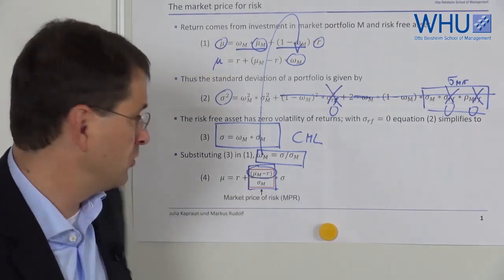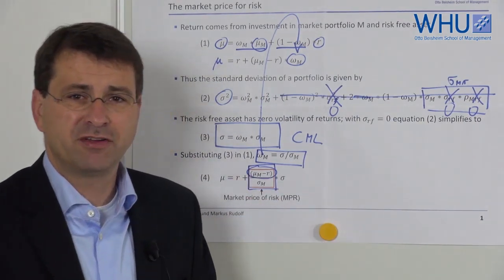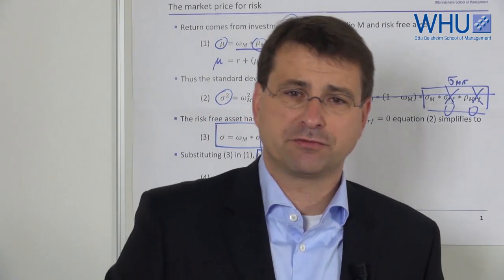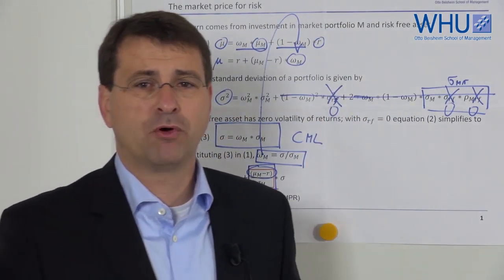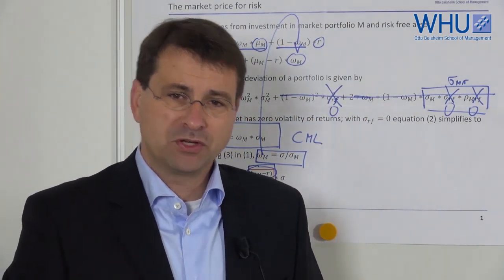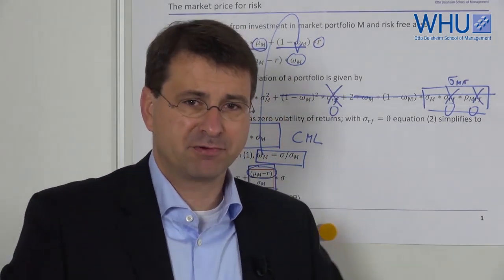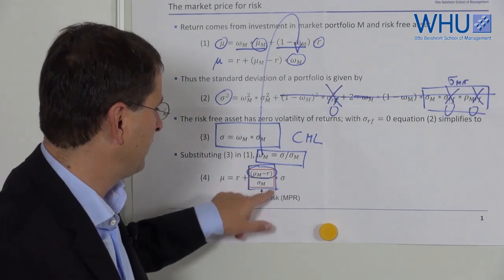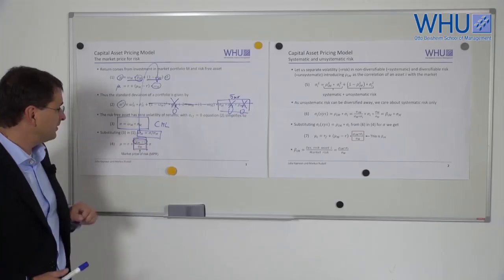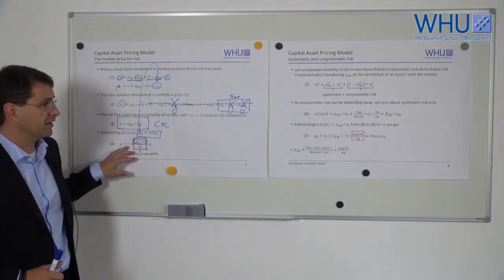So in other words, assume that the market price of risk is 0.5, then for any extra unit of risk you get 0.5% more return expectedly, which implies for 10% more risk you get expectedly 5% more return. Then that is called the market price of risk. This is the equation of the capital market line.